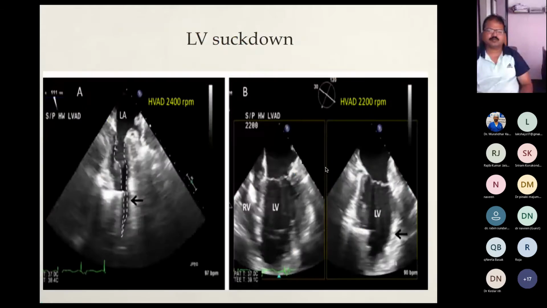Now coming to a few scenarios, like LV suck down. In this case in frame A, the pump speed was very high. It's an HVAD at 2,400 RPM. The LV was completely sucked down because of the high speed and hypovolemia. After correction of the hypovolemia and reducing the LVAD speed to 2,200, the LV cavity became normal.